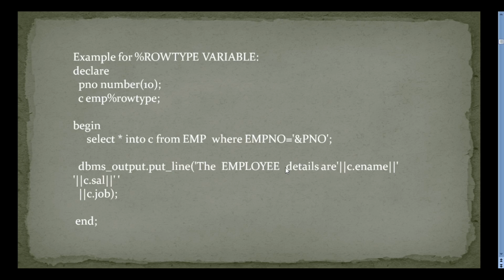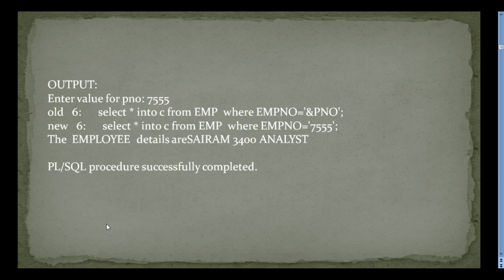That's why, in order to specify a column name, use the record name, that means the %ROWTYPE variable name, c.ename, c.sal, and c.job. And next, end. After executing this program, you get the output like this.